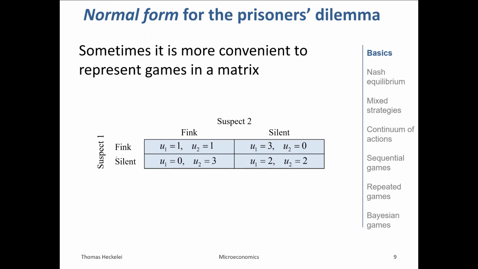So the 2 possible strategies of player 1 are written in the rows of the matrix, and for suspect 2 in the columns of the matrix. And 2 times 2 is 4, right? So 4 possible combinations. And for each of these scenarios, based on the description before, we could put the payoff for each player inside the cell.